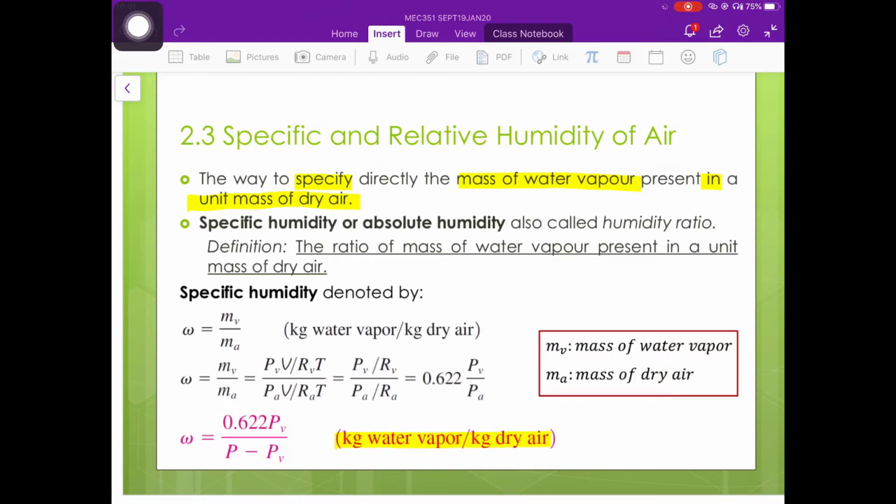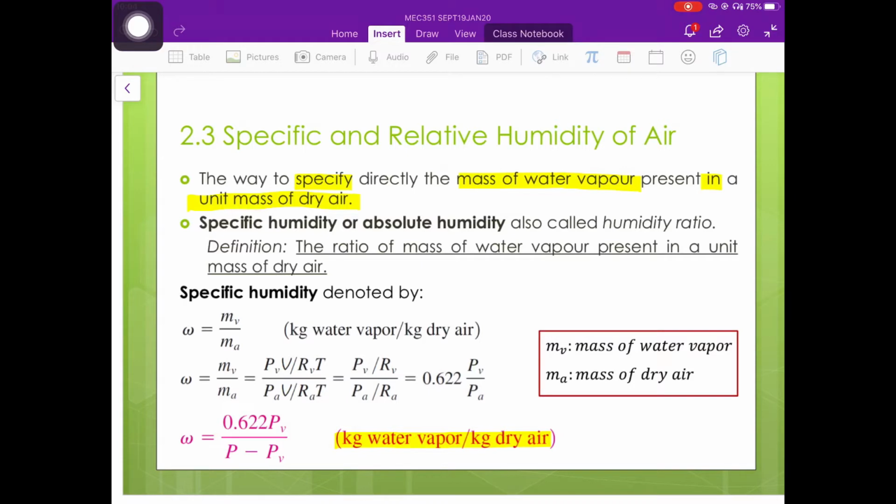During this introduction of the properties related with air conditioning, I'm going to show you the equations or formulas in order for us to find that particular property. We're going to start with specific and relative humidity of air.